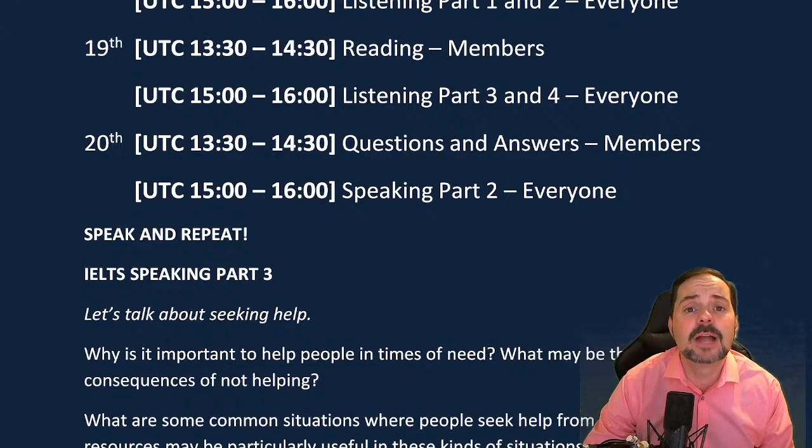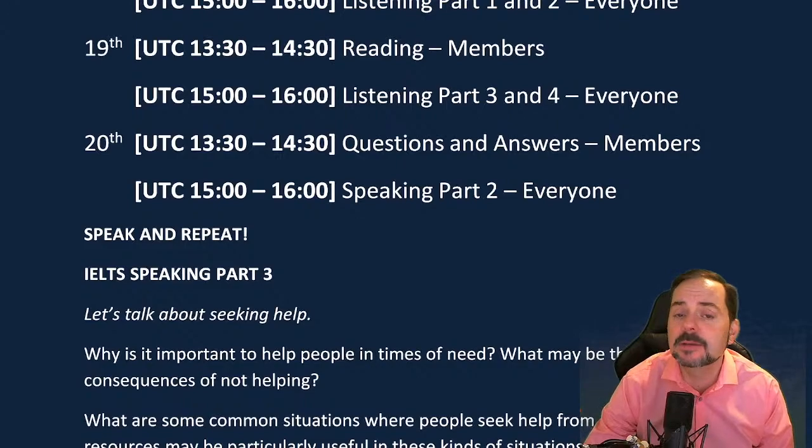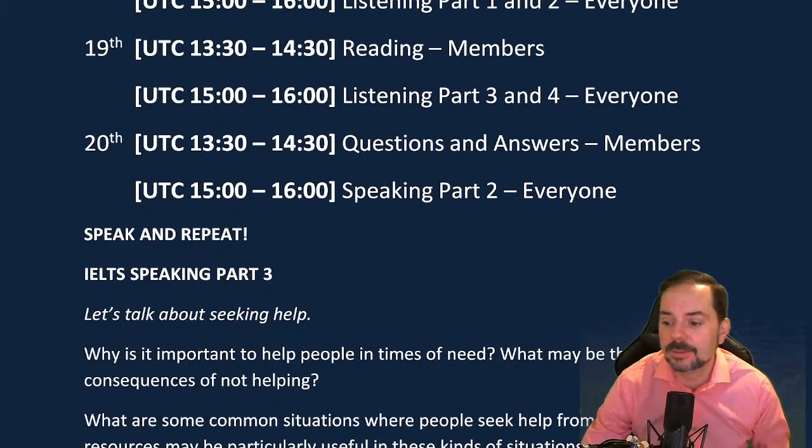For this part, I will ask you a question or two related to your cue card response and some questions connected to this topic. And then they're going to ask you some more detailed questions, okay? Speaking part 3, they're detailed questions on the topic of the cue card. So here, the examiner says, let's talk about seeking help. Okay, let's talk about seeking help.